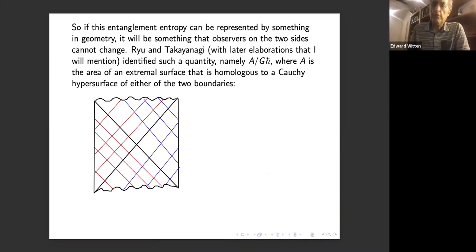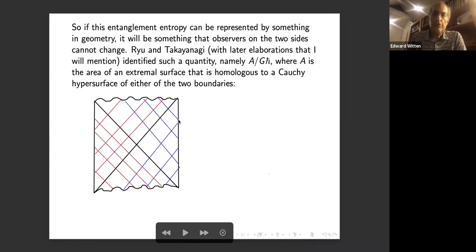Now there's something else we can do, which is that we could be an observer on the right, for example, and the observer can make a cut of the horizon, and then we can follow Bekenstein and Hawking, and A over 4G plus the entropy on the cut is some kind of generalized entropy of the black hole as seen by the outside observer. And it obeys a second law. If you move the cut into the future, that will increase, as we proved.